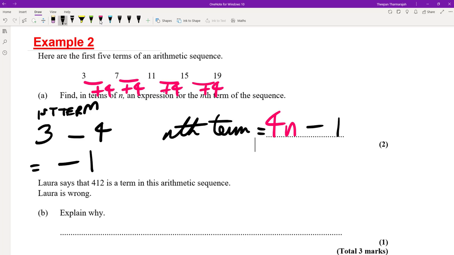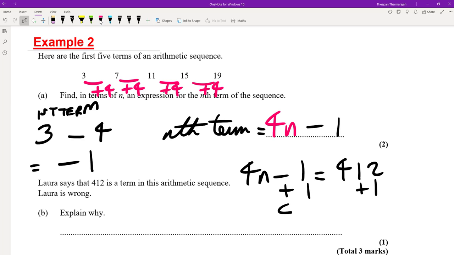Then the question states, Laura says that 412 is a term in this arithmetic sequence. Laura is wrong. Explain why. So we do 4n minus 1 equal to 412. We can add 1 on both sides of the equation, so 4n equals 413. But I can't divide 413 by 4, I'll get a decimal.